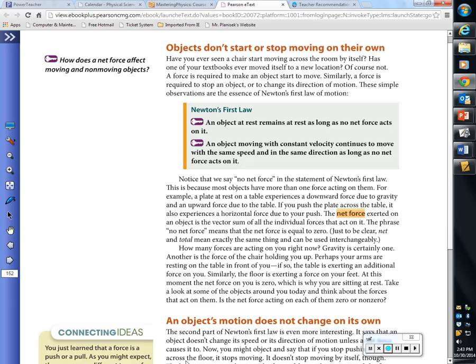Newton's first law has two key points, but when we look at them a little more closely, we would see that they are very similar. First, remains at rest is part of the first key point. And then the second key point says, continues to move with the same speed and in the same direction. Okay? Both of those are examples of what?